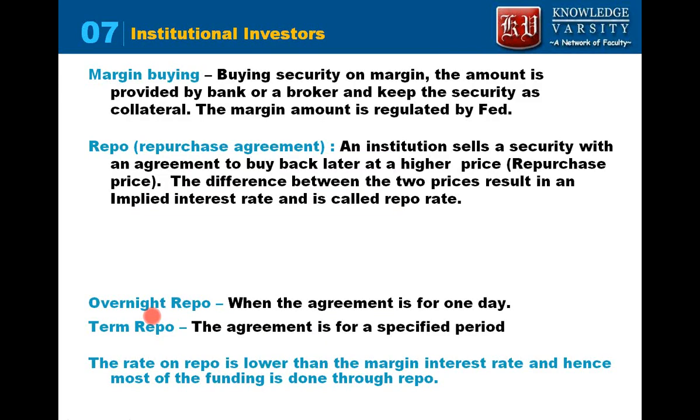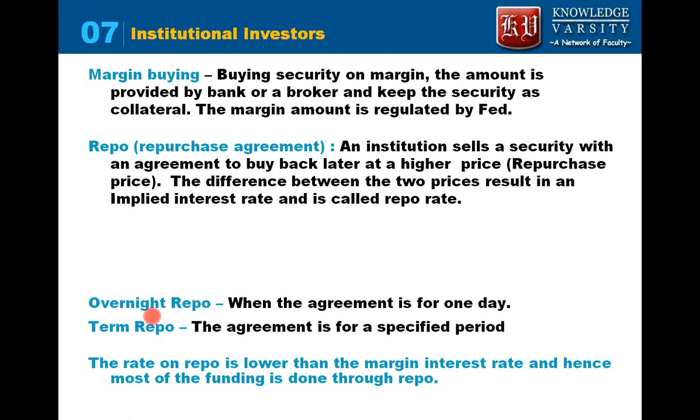Now we see from the context of institutional investors how they do buying of the bonds. Usually what happens is they buy the security on margin, and they provide the amount that is being provided by the banks. These institutions provide bonds as collateral. Sometimes without collateral they will be getting the money.